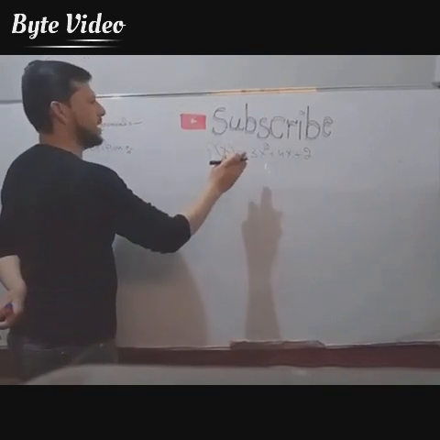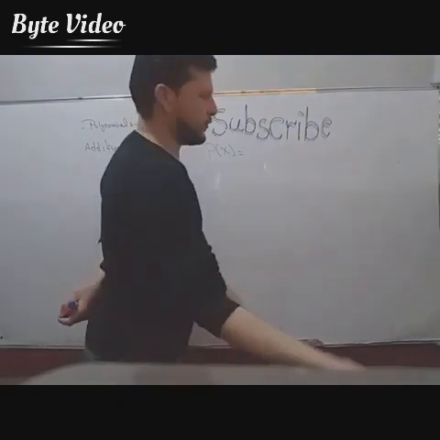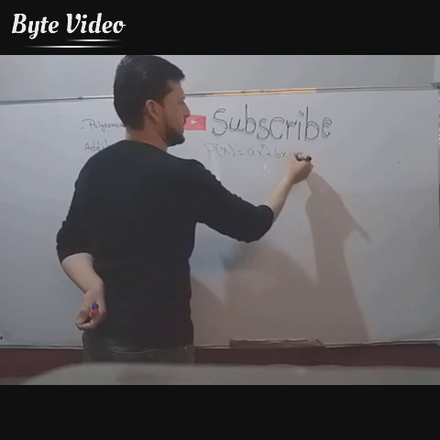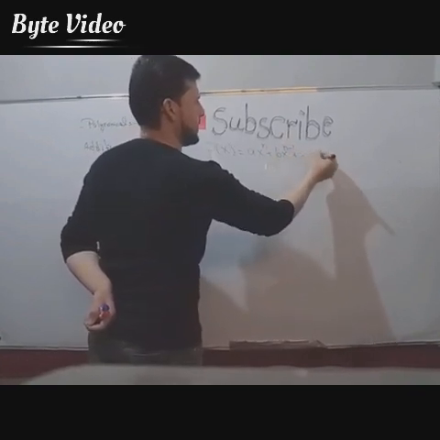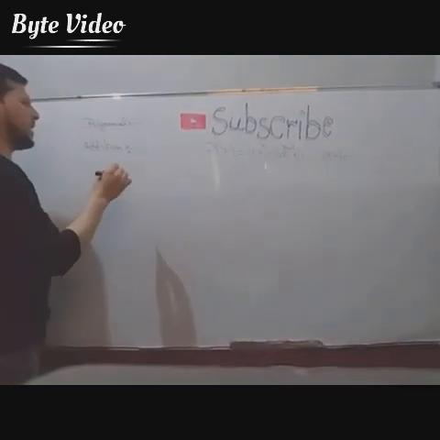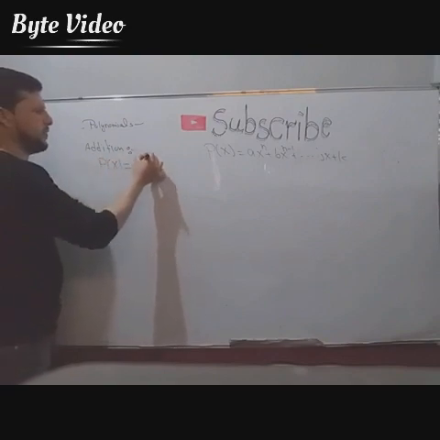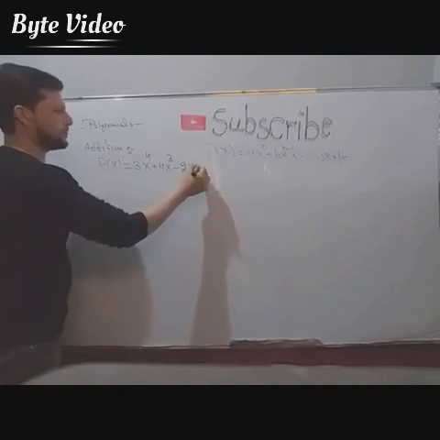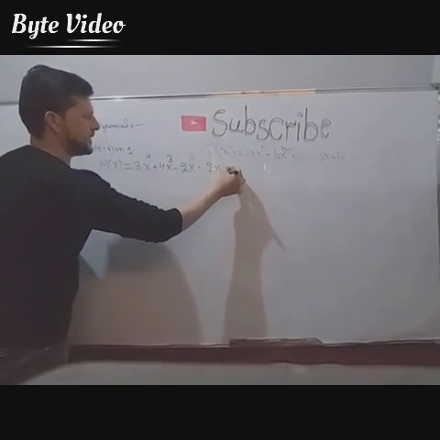And the general form, if you show this in general form, you write p(x) equals ax to the power of n plus bx to the power of n minus 1 plus jx plus k. This is the general form. Now if I have two polynomials, b(x) equals 3x to the power of 4 plus 4x to the power of 3 minus 2x squared plus 2x plus 3.